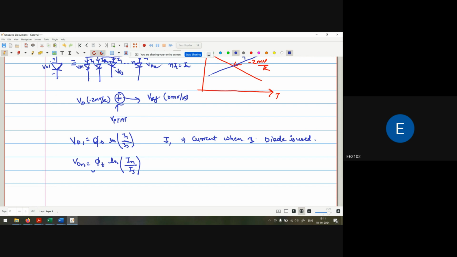Now, if I say that IN is basically the current of all diodes, so if I calculate the current of one diode, what is the value of current in one diode? IN is nothing but n times I1. So I1 is nothing but IN upon n.